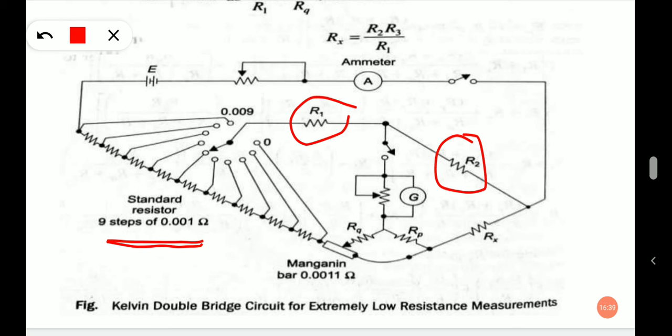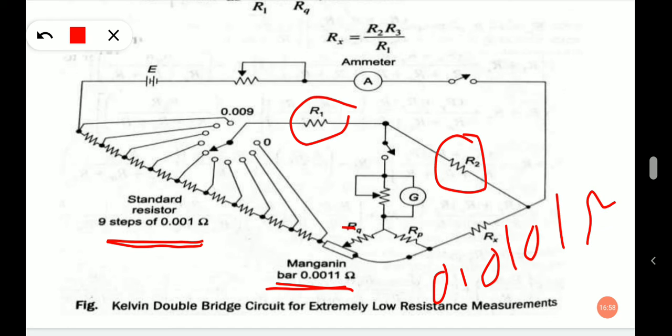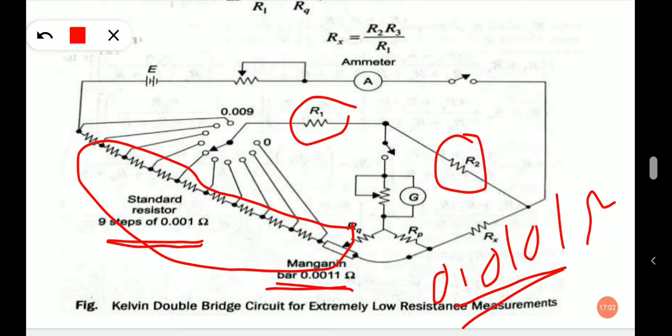Here you can see the manganese bar of 0.0011 ohm. This makes a total resistance of 0.0101 ohm in the resistance R3, along with the sliding contact fractions of 0.0011 ohm.